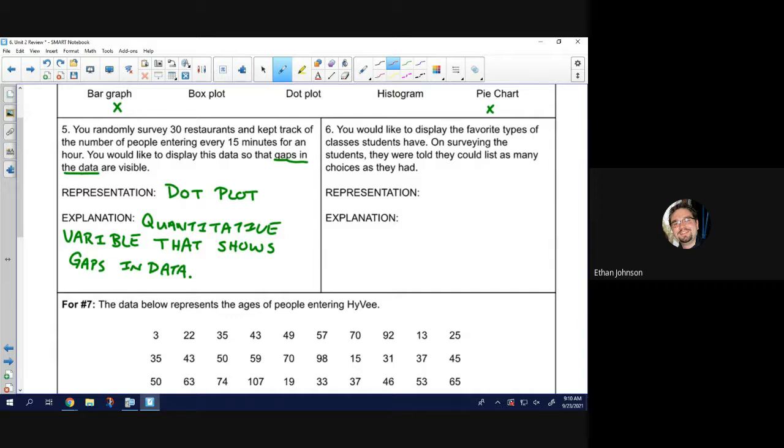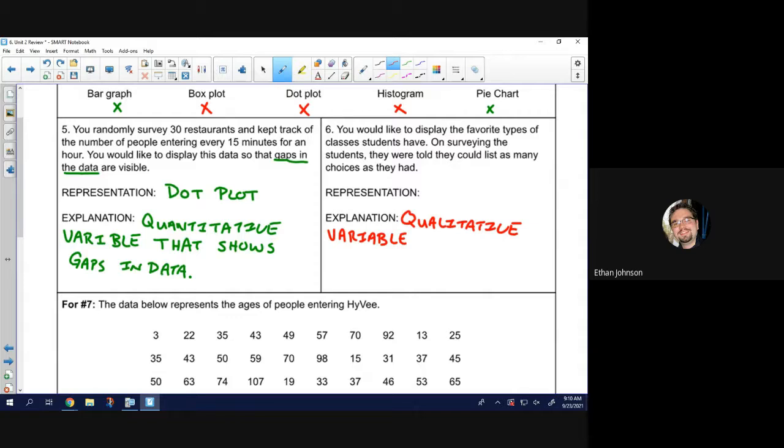Since they're responding with words, that is a qualitative variable. Meaning, we cannot use a histogram, a dot plot, or a box plot. We only have options of a bar graph or a pie chart.